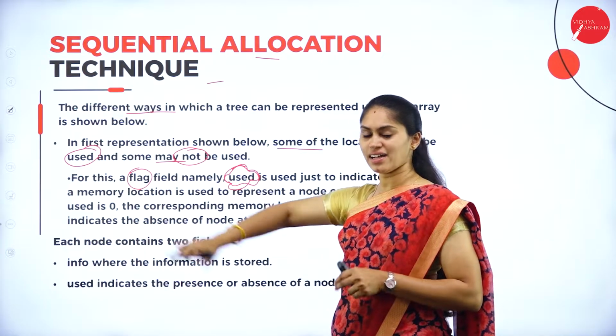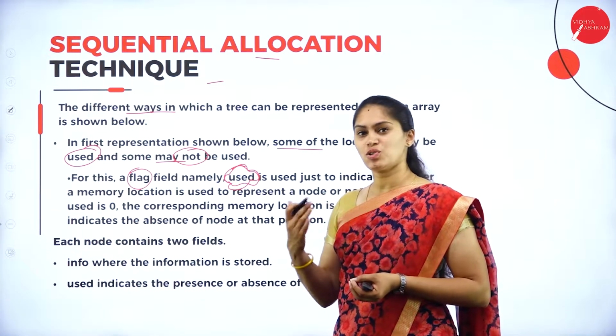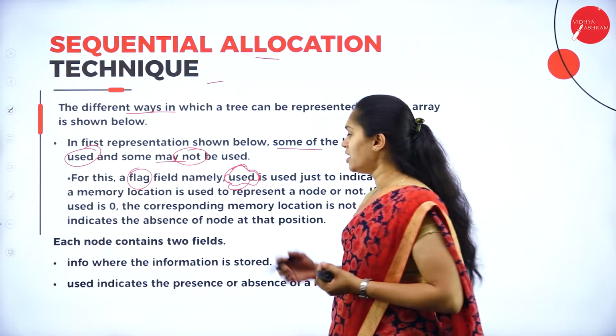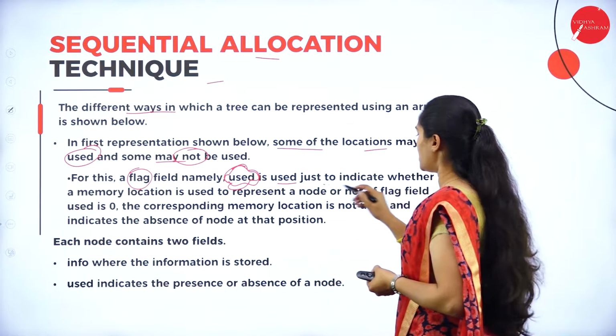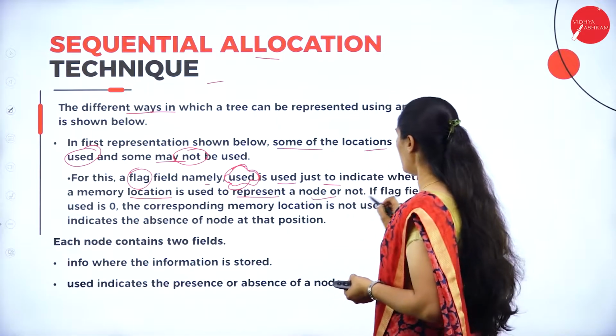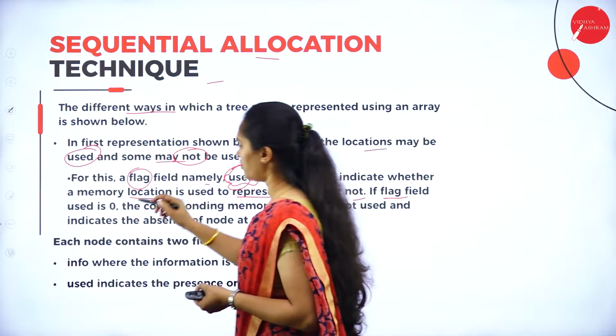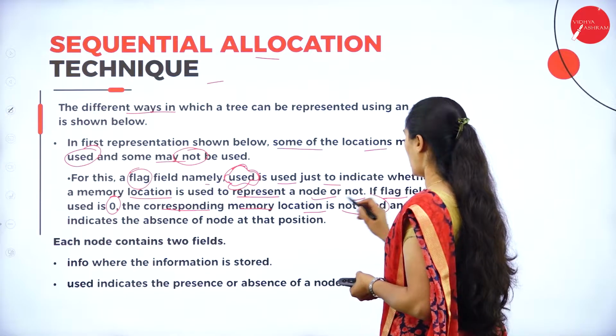So I have a flag in order to indicate which node is using a memory and which node is not using a memory. So we are using a flag called used. That used is used just to indicate whether a memory location is used to represent a node or not. If the flag field used is 0, then the corresponding memory location is not used.